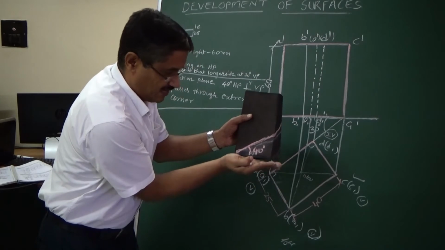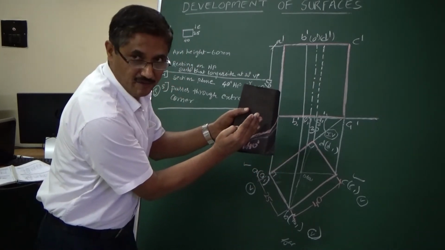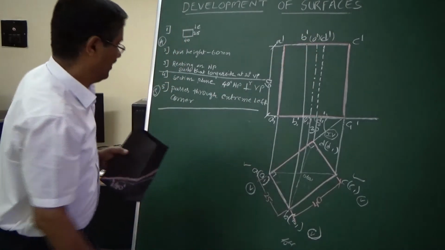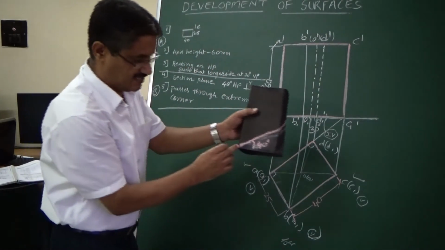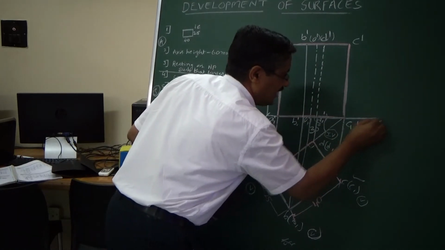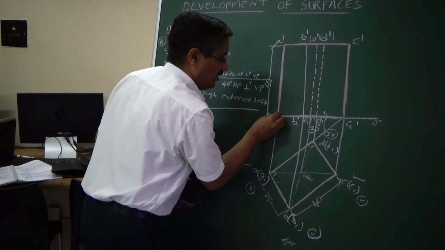Assume my hand is like this, 10 degrees, 20, 30, 40 degrees, rising from the bottom, and then you pass the line. That is the point of interest for us, this point. Taking this as 0 degrees, you measure 40 degrees.